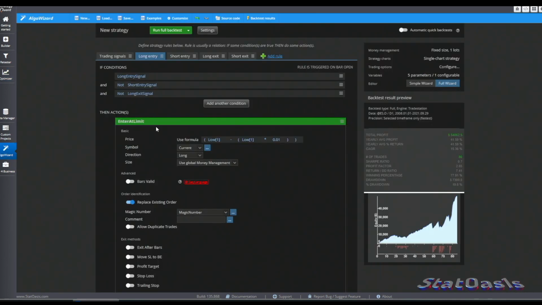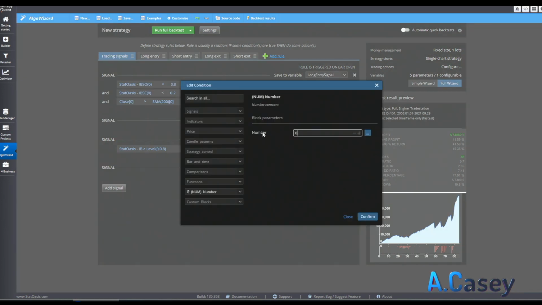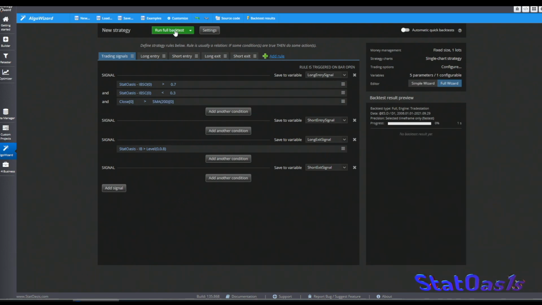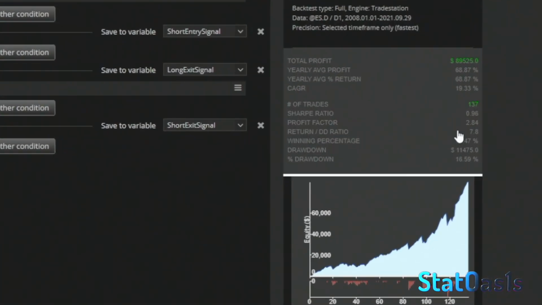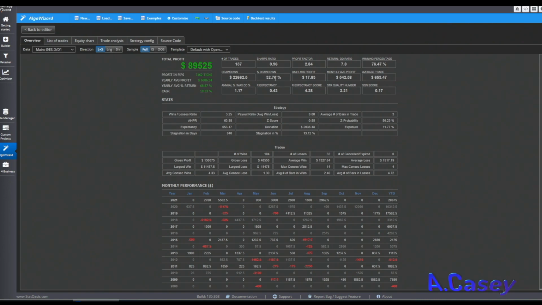So if I go back here and let's do 0.7 and 0.3, we should enhance our strategy, and we do a lot. So we reduce the drawdown, we increase the total profit, and we increase the number of trades, and we decrease our open drawdown to 32%.